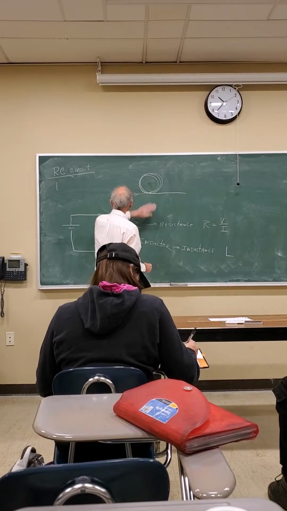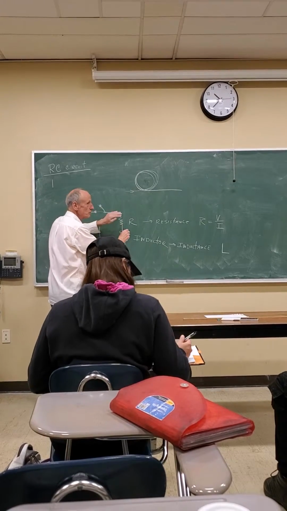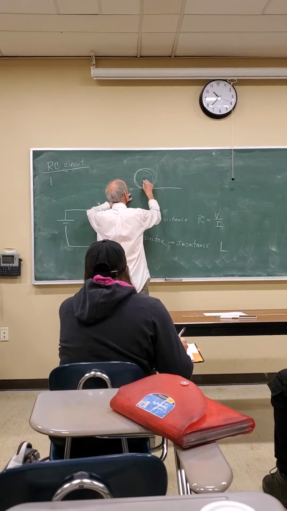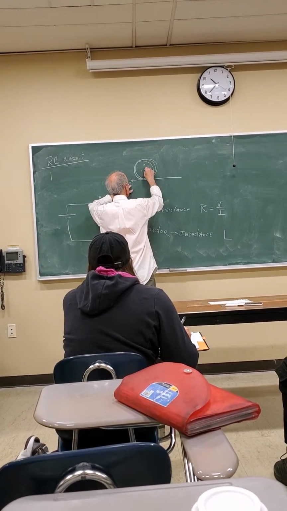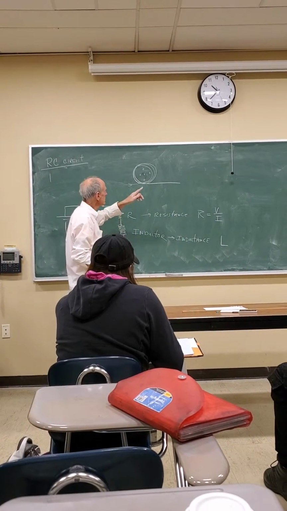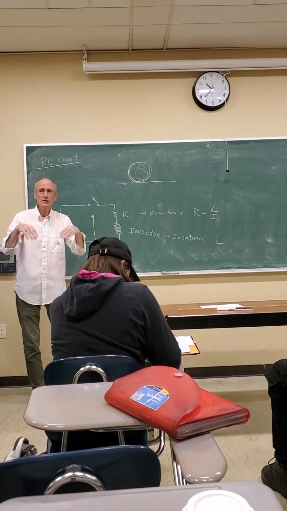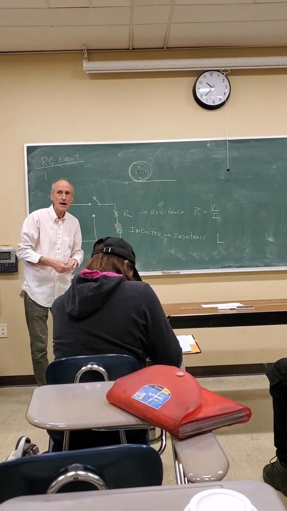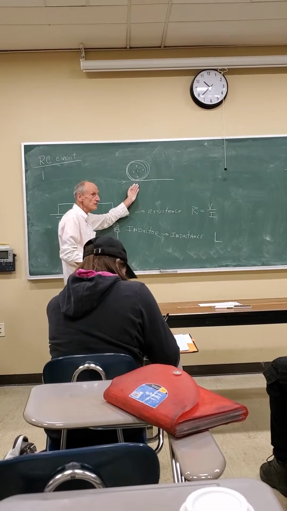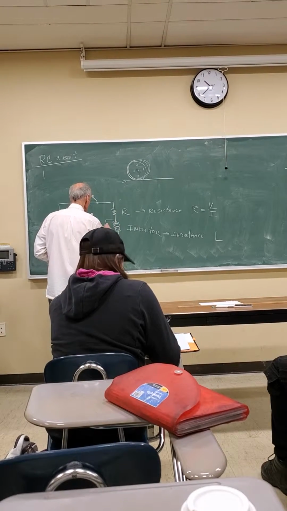So here's the coil with the switch open. When I close the switch and the current starts rising, the flux starts growing. That's a change in flux through the coil, and a change in flux in the coil induces an EMF. So the coil gets a voltage, which we can read by putting a voltmeter there.